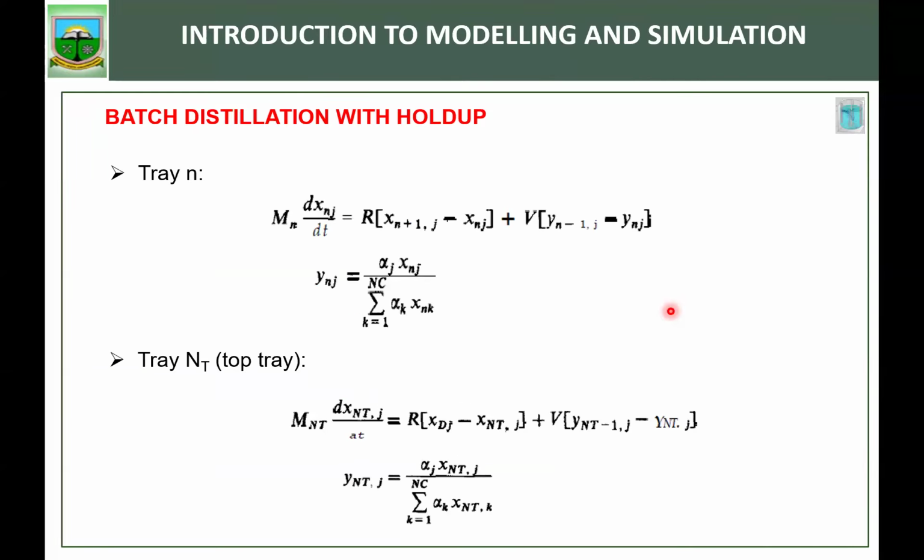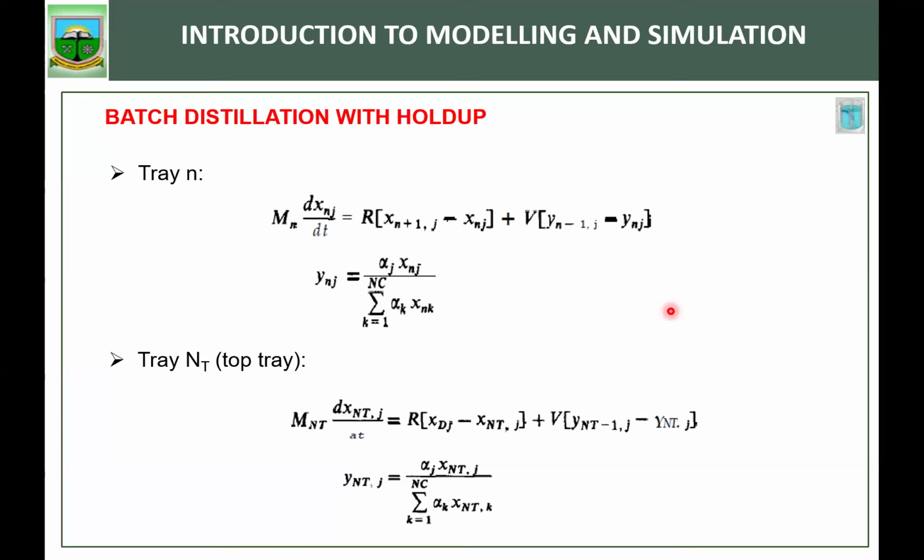Then you also have to write the balance equation for the trays, because on each tray there's going to be input and output: liquid input, liquid output, vapor input, vapor output. So we are going to write for that also, and that's what you have here.